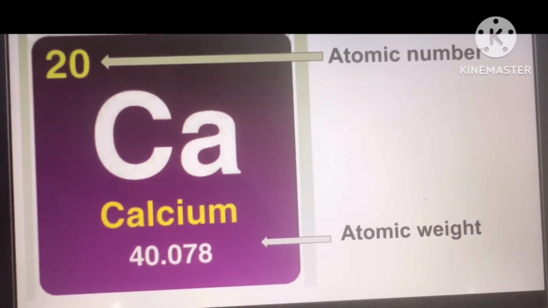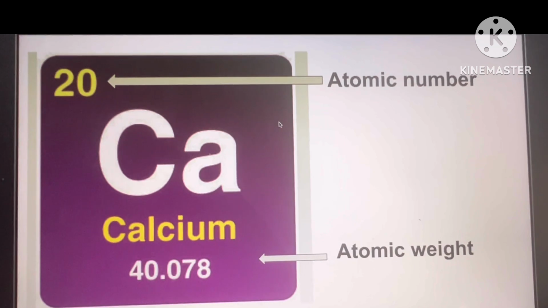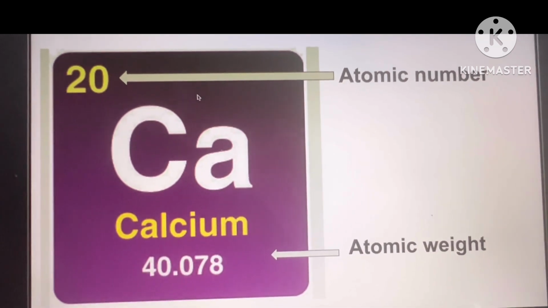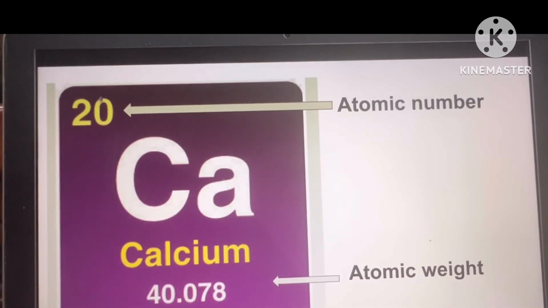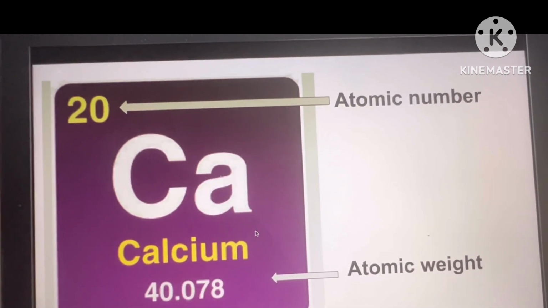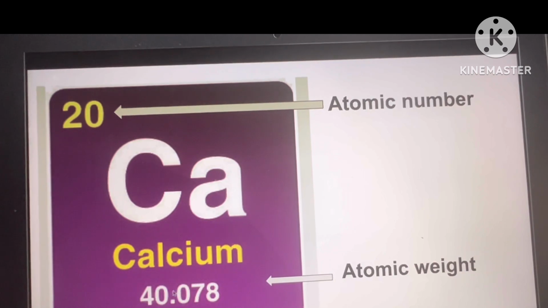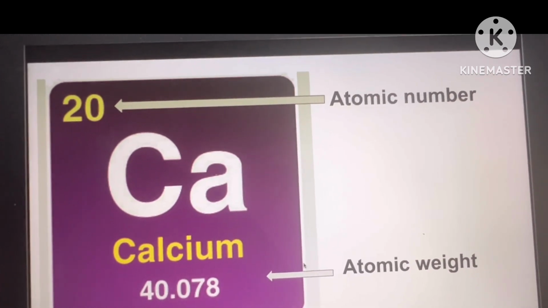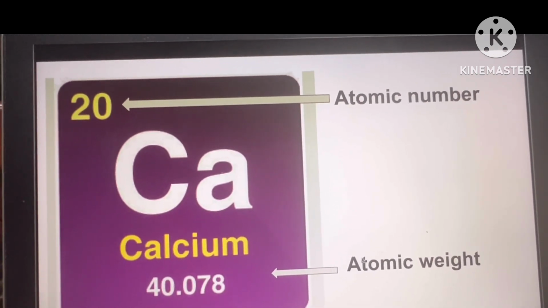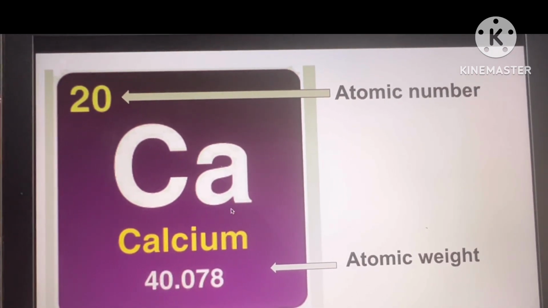So this is an example of an element, which is calcium. You will notice that there is a number here, and we call it the atomic number. And then there's also a number down here, 40.078, that is the atomic weight. Now, you will see the chemical name and the chemical symbol.